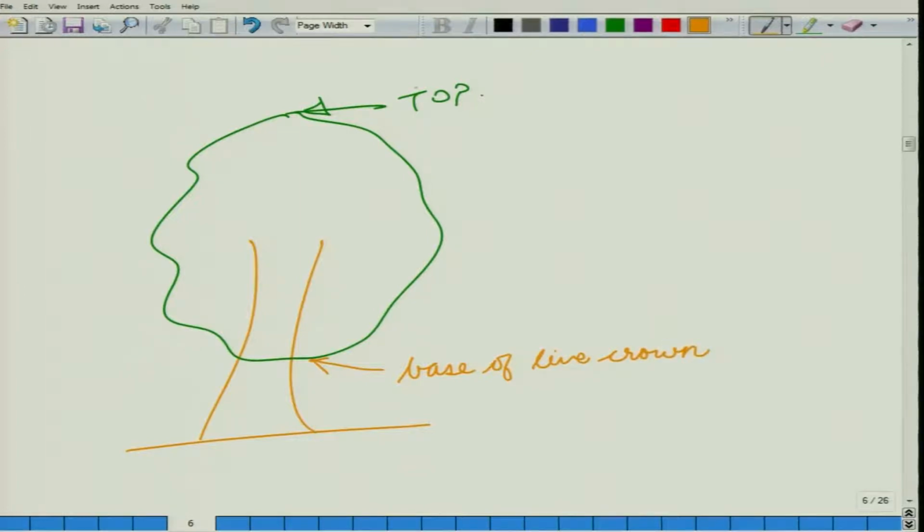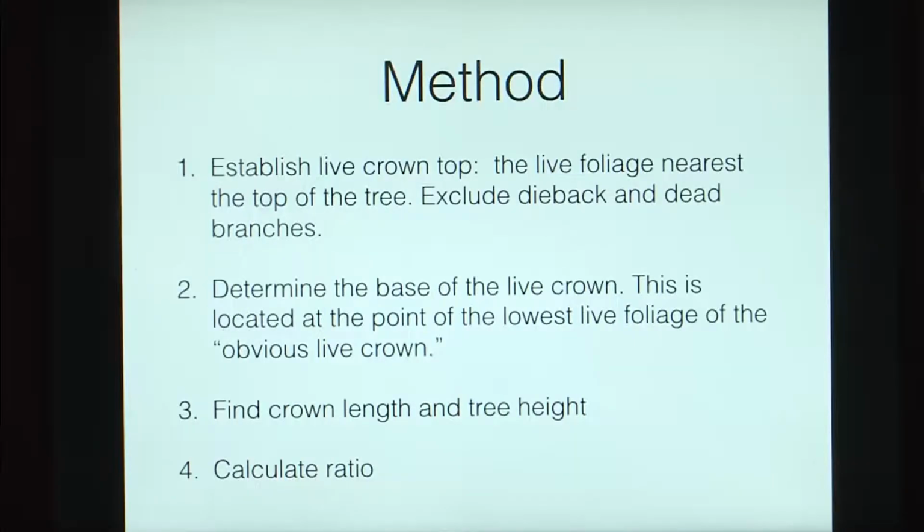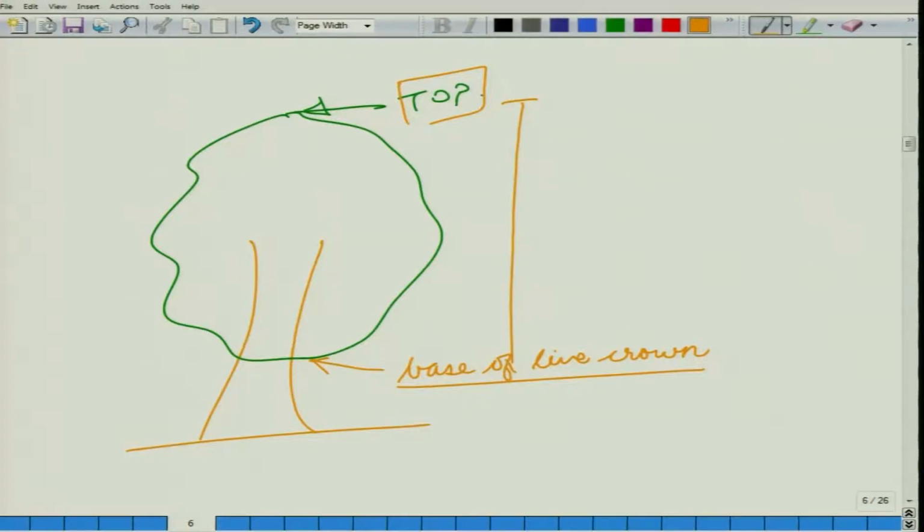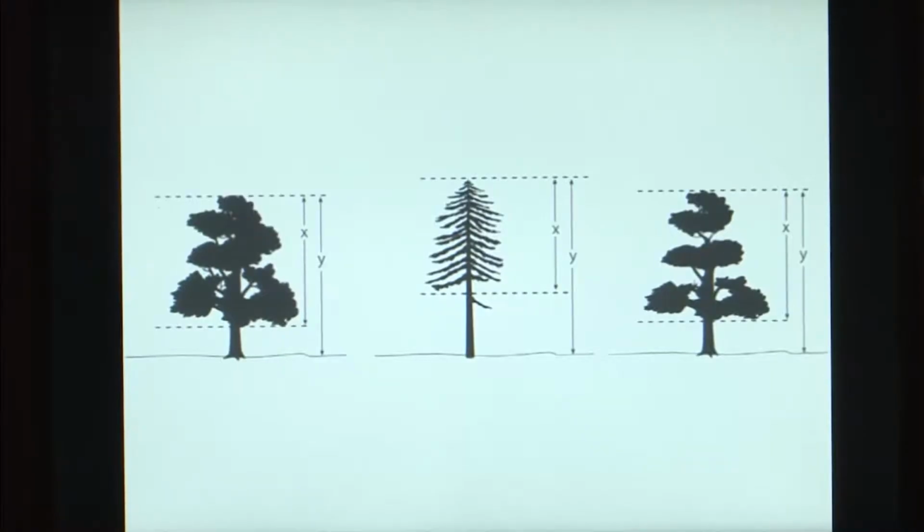So, we need to figure out where is the top and where is the base. Next, we need to find out the crown length and the tree height. We have already dealt with tree height, and crown length is this distance. Then we can calculate the ratio. So, let us now look at some figures on how we do that.